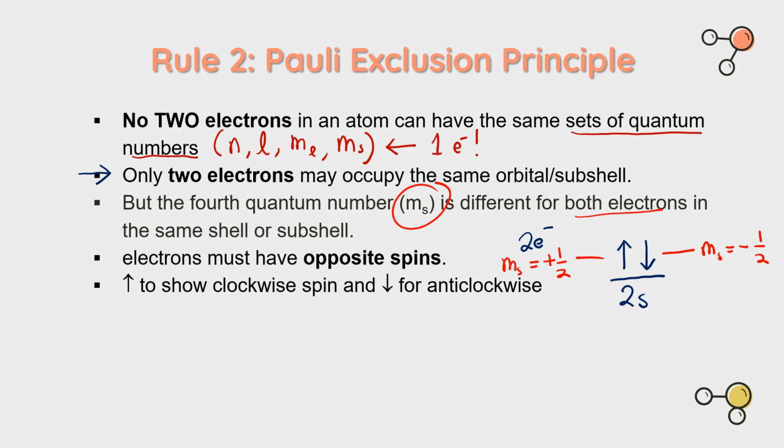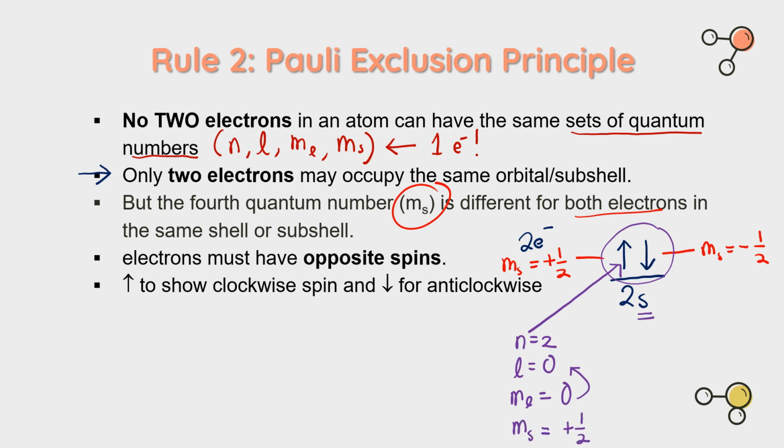If we study the set of quantum numbers for these electrons, for the first electron here, the value of n is 2. The l value is 0 because it is an s orbital. The ml value will be 0 due to the value of l being 0, and the value of ms will be plus half.